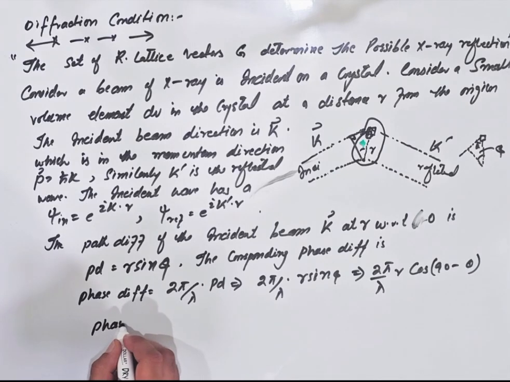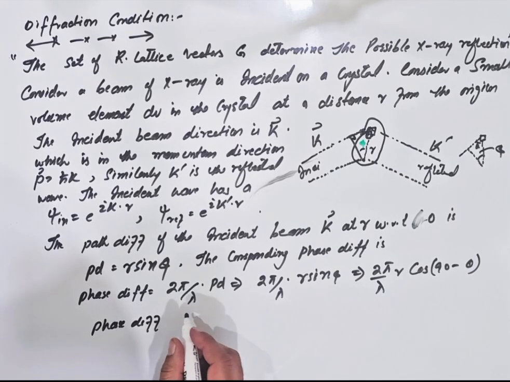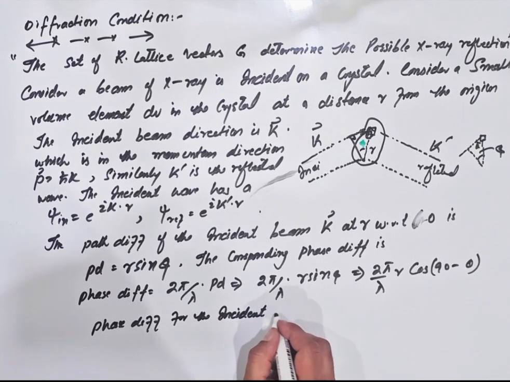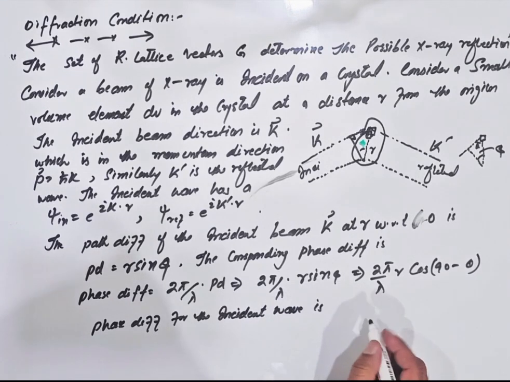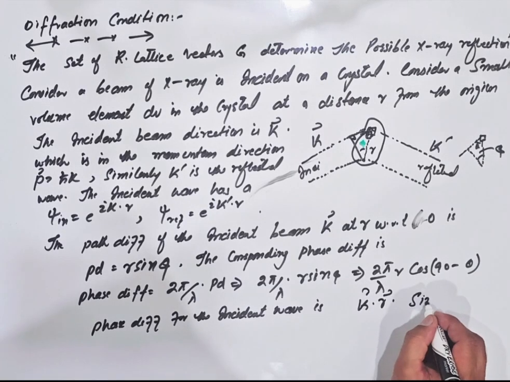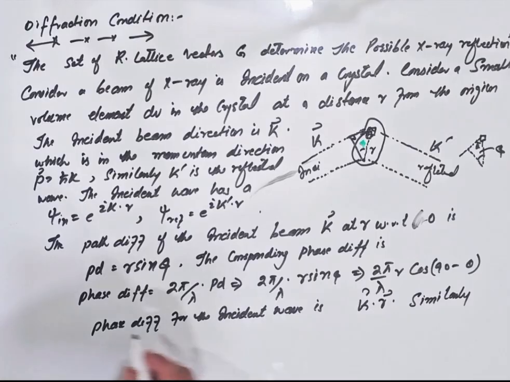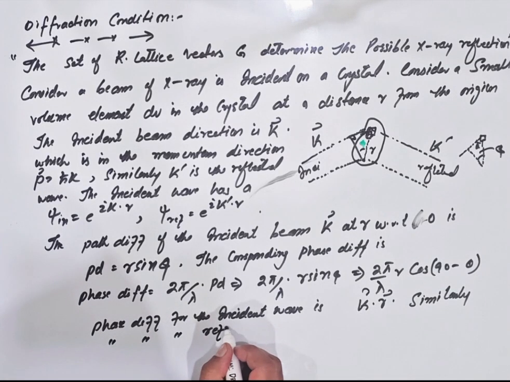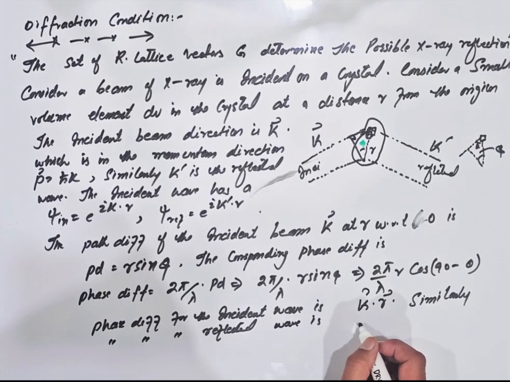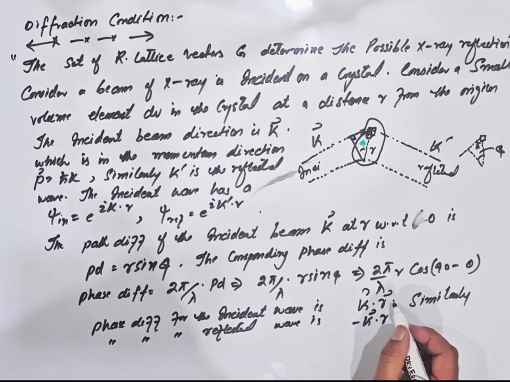So the phase difference for the incident wave is k dot r. Similarly, the phase difference for the reflected beam with respect to the origin O is minus k prime dot r.